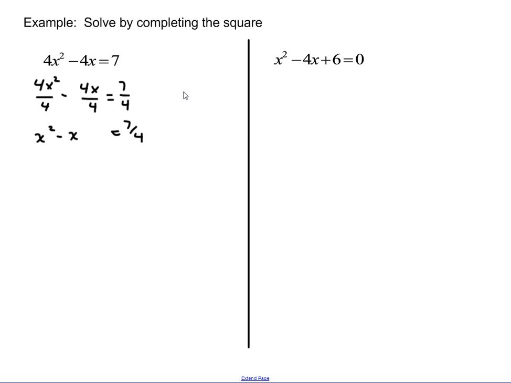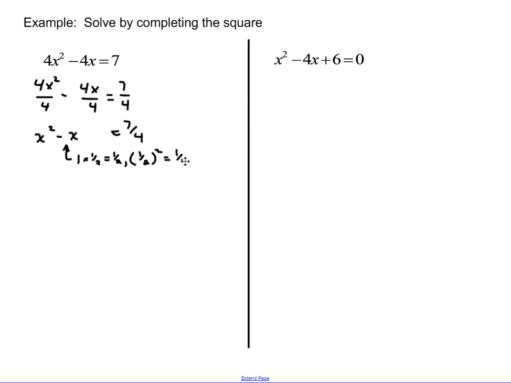So what we do is we take the coefficient of the middle term. The coefficient of the middle term right here is 1. And we take that and multiply it by 1/2. Well, 1 times 1/2 is equal to 1/2. And then we square that. Well, 1/2 squared is 1/4.